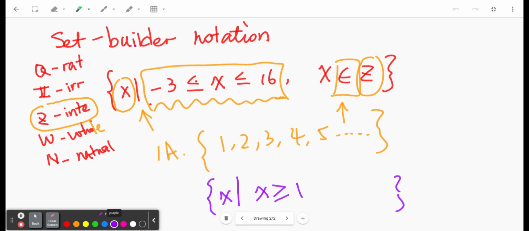After you write the range of x, you put a comma there. Then you have to write what set of numbers x belongs to. If all the numbers are going from 1 all the way up and all are whole numbers, what type of numbers are these? Are these all rational numbers, irrational, integer, whole numbers, or natural numbers? They're all rational, not irrational.